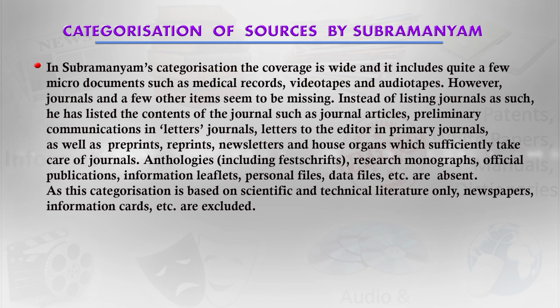However, journals and a few other items seem to be missing. Instead of listing journals as such, he has listed the content of journals such as journal articles, preliminary communications in letters journals, letters to the editor in primary journals, as well as preprints, reprints, newsletters and house organs, which sufficiently take care of journals. Anthologies including fast scripts, research monographs, official publications, information leaflets, personal files, data files, etc.